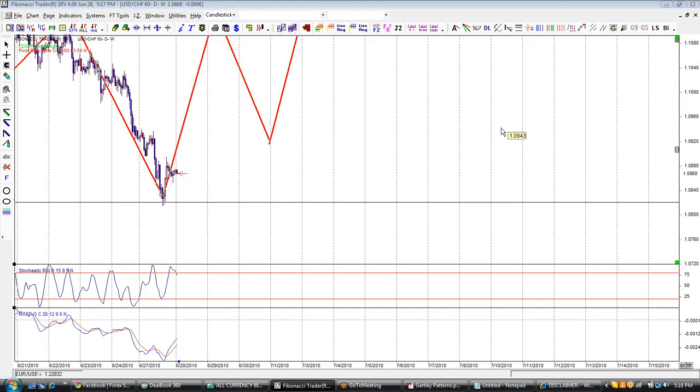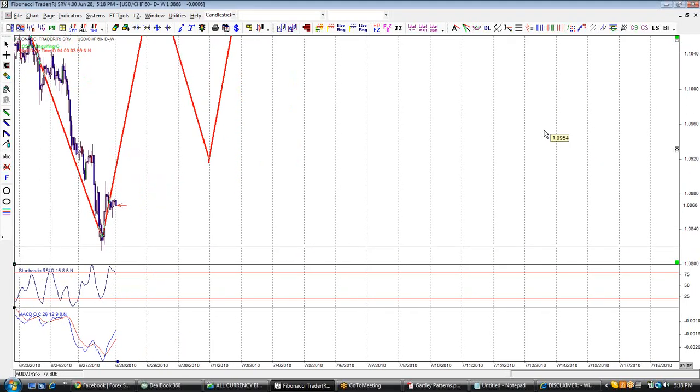Now first, I'll start by explaining what crab is, and then we'll go from this point. What I will do is I will first draw Gartley pattern, because I know that most of you guys probably know Gartleys. And when I explain the Gartley just very fast, then we'll talk about the crab.